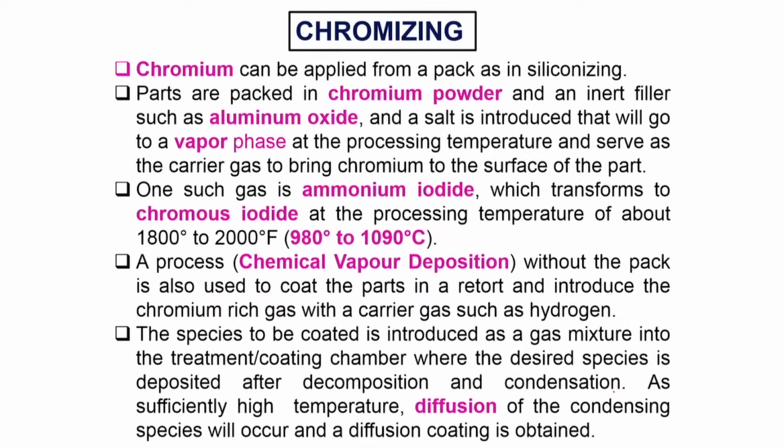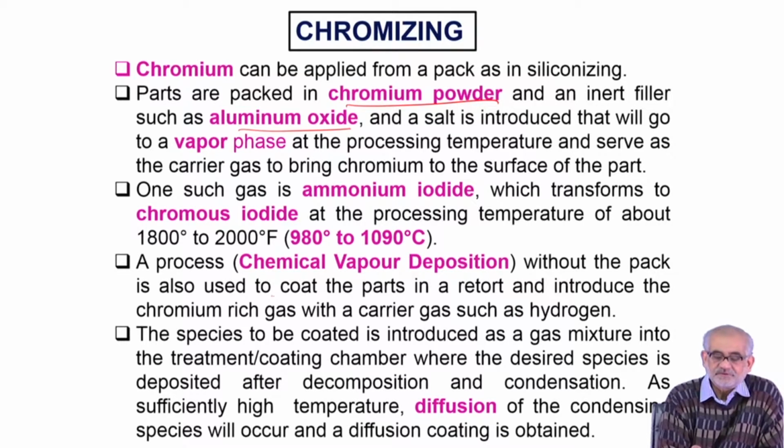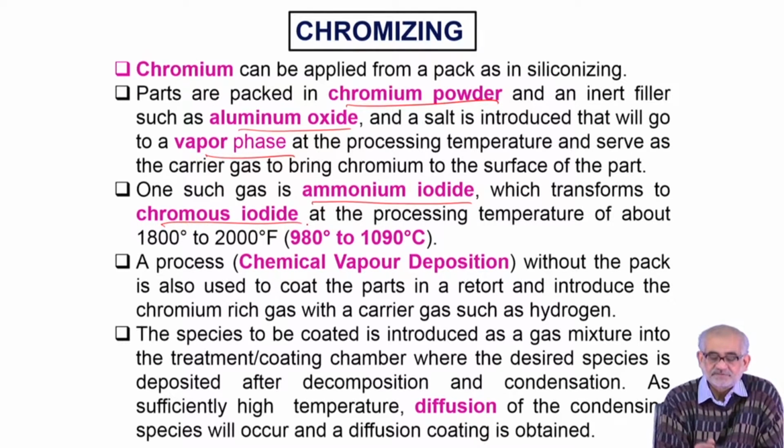Instead of aluminum or silicon, we can use chromium for the similar purpose. Here the precursor will be pure chromium powder with aluminum oxide powder mixed with that, and then we heat this salt to create this vapor phase. The reactant here will be ammonium iodide, so that chromium reacts with ammonium iodide and forms chromous iodide, which is a fairly unstable compound.